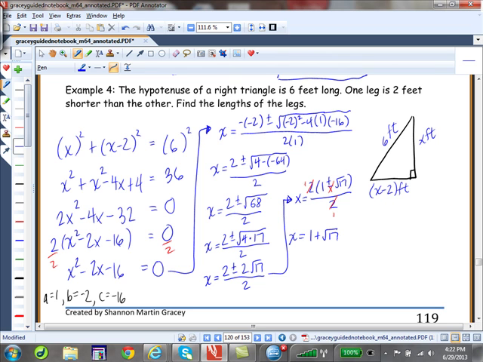And the other leg, right, is x minus 2. So x minus 2 is going to be x, which was 1 plus root 17, minus 2. So here x was this, right?